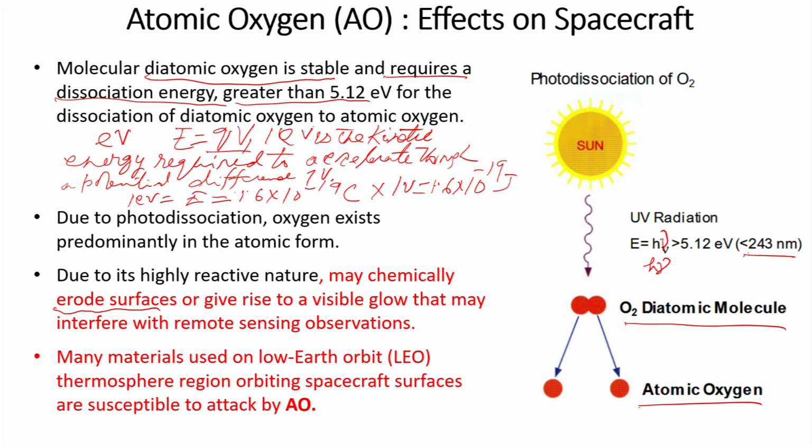So, many materials which are used on spacecraft surfaces orbiting in the low Earth orbit thermosphere region are susceptible to attack, especially those polymer materials which are used as a thermal blanket, as a structural material, as a protective cover. All these things are affected by the atomic oxygen attack.